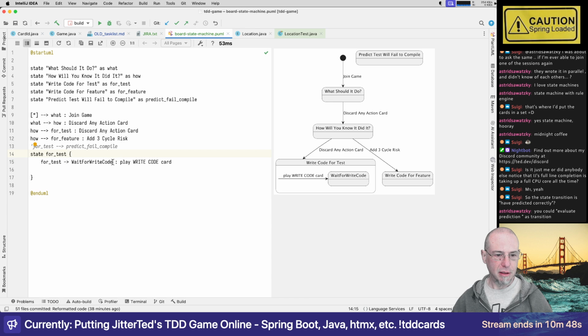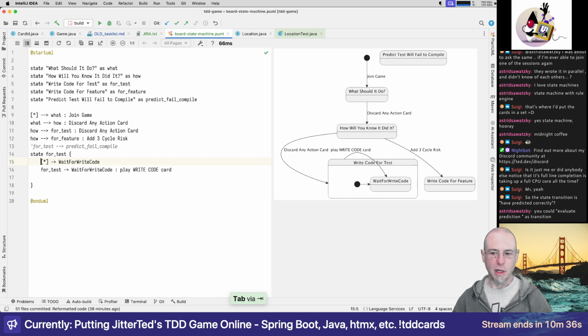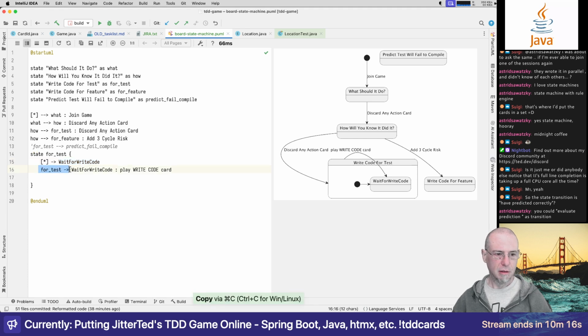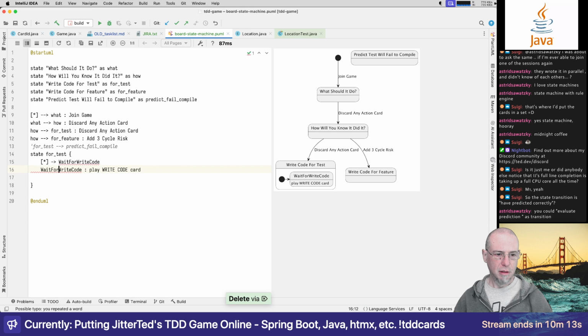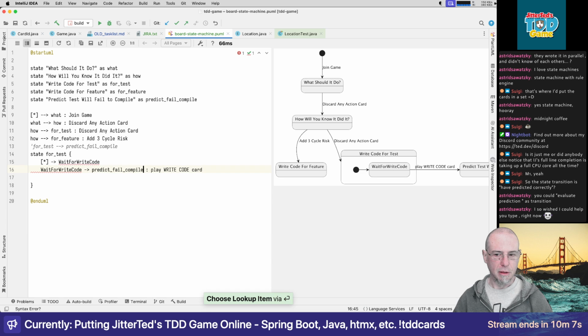And you start out in wait for write to code. And then you go from here to predict fail to compile when you play write code card.